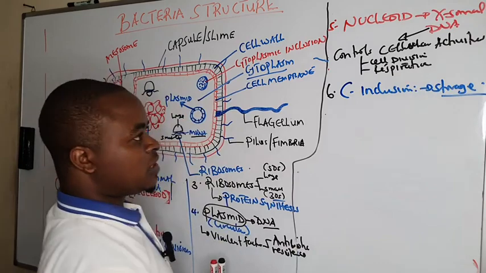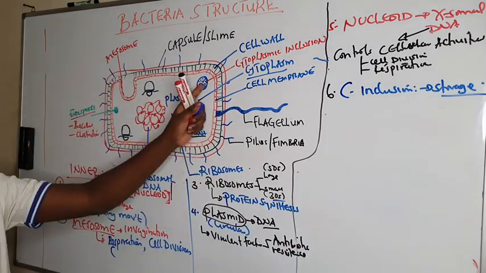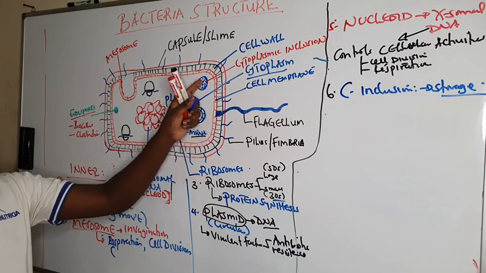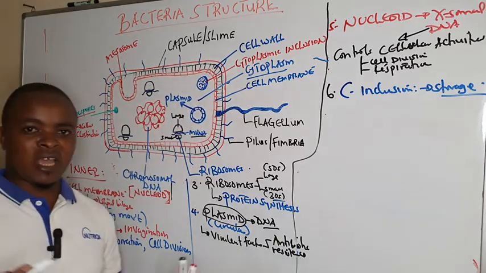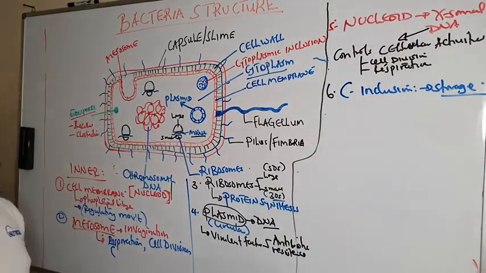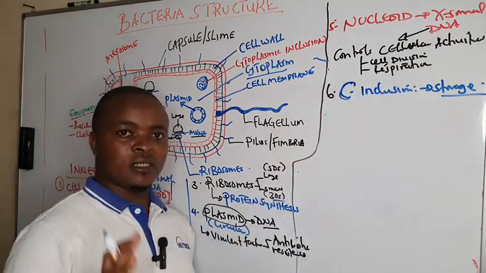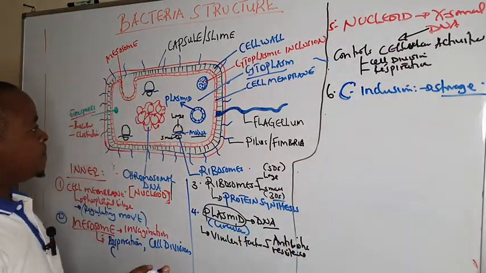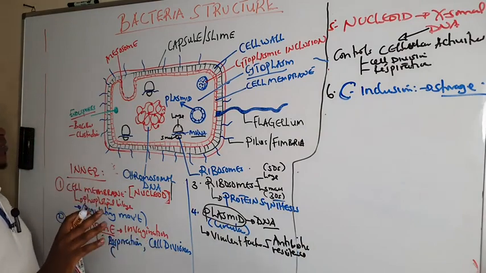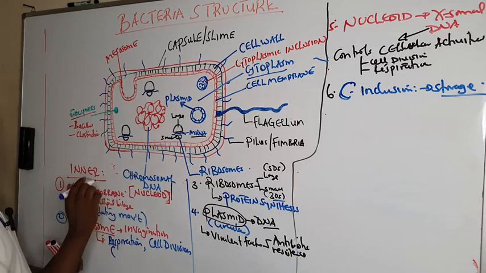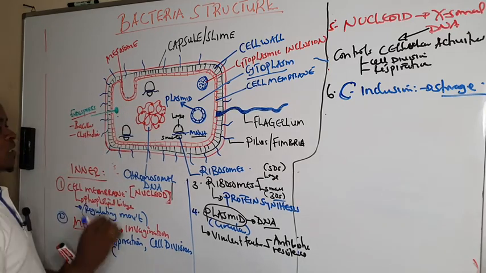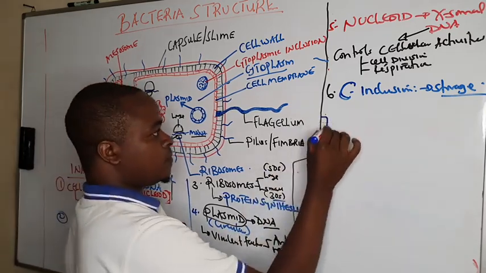Cellular materials are stored within the cytoplasmic inclusion so that they can provide energy and other nutrients within the bacteria. So that is what we can talk about cytoplasmic inclusions. Then, the last one we can discuss with you is the endospores.